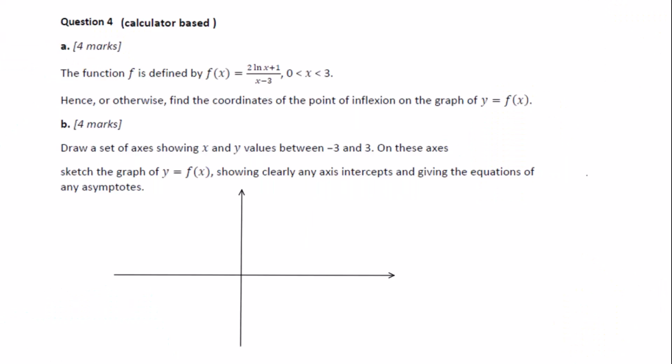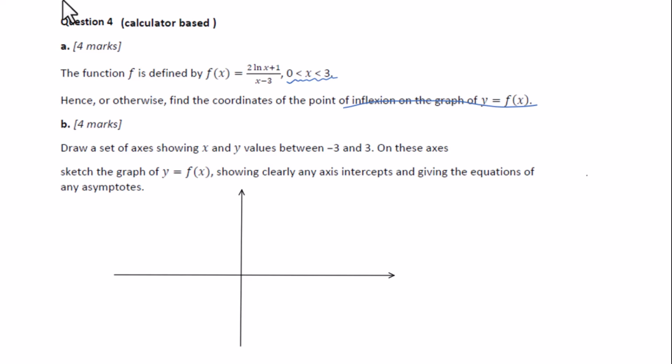Let's go to question 4. The function f is defined by f of x equals 2 natural log of x plus 1 over x minus 3, where x is greater than 0 and less than 3. Hence, or otherwise, find the coordinates of the points of inflection on the graph of y equals f of x.